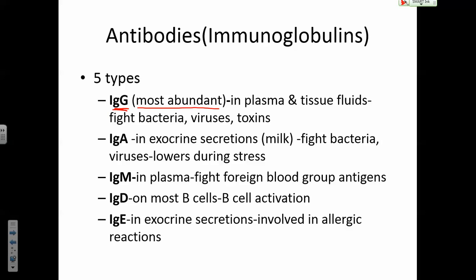And this is one reason why nursing infants don't tend to get as sick as often as infants who are bottle fed. One reason is because they have some extra antibodies coming in that their mother has made during the course of her life.